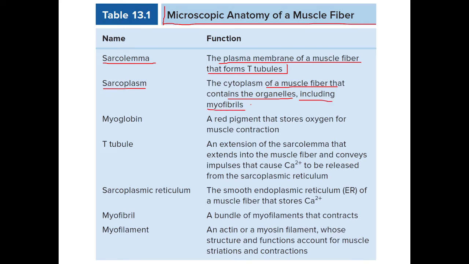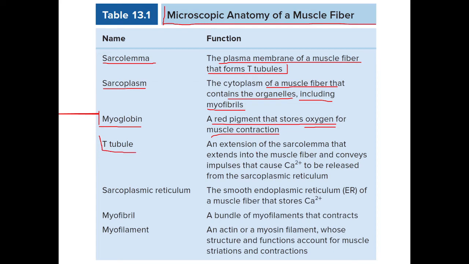These are the filaments. Myoglobin is the red pigment that stores oxygen for muscle contraction. It is the second pigmentation present in our body after hemoglobin, which carries oxygen in our body.